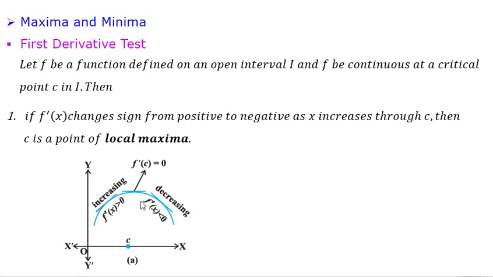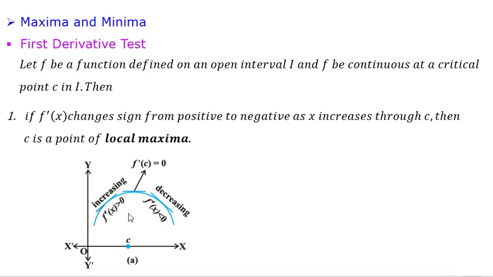So you can see that as we are moving through point C, crossing point C from left to right, the derivative is changing its sign from greater than 0 to less than 0. First it was greater than 0, that is the function is increasing, then it is less than 0.